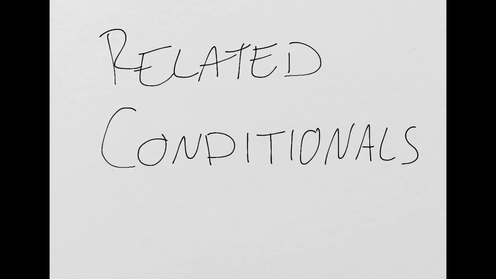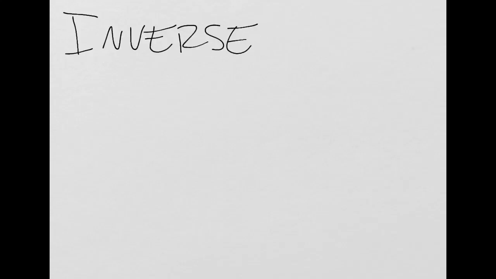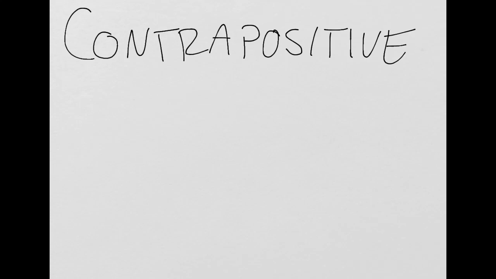The reason that we use negations is we can use them to write statements related to a conditional statement, and every conditional statement has 3 related conditional statements, and those types of related conditional statements are the converse, the inverse, and the contrapositive. And right now we're going to take a look at what each of those looks like.